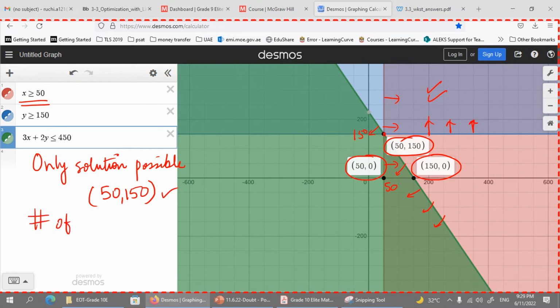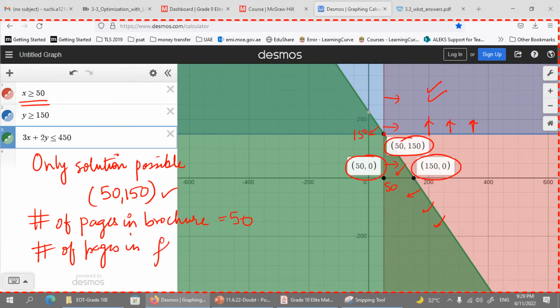Therefore, the number of brochures, or the number of pages, let's just correct this, the number of pages. So the number of pages in brochure would be 50, and the number of pages in flyers would be 150.